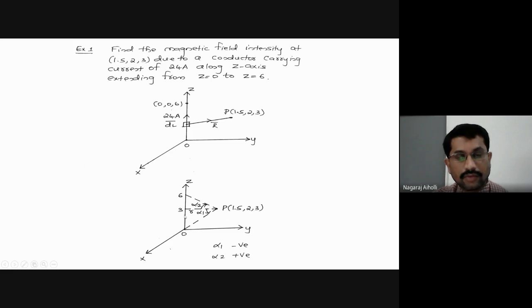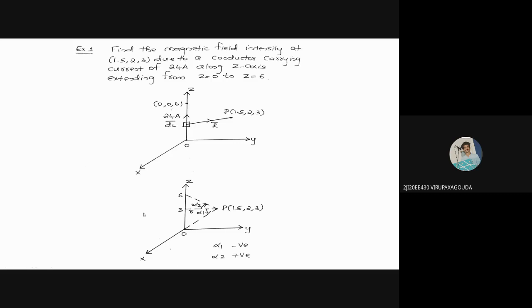Now this is a sign convention. Accordingly, which one of alpha 1 and alpha 2 is positive and which is negative? Alpha 1 is negative or positive? Negative, sir, because it is below the point P. What about alpha 2?